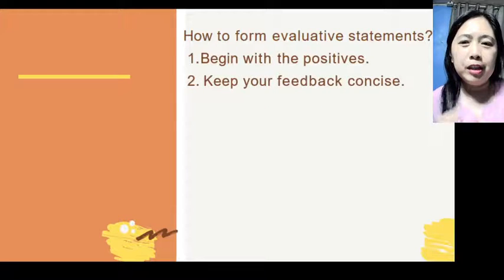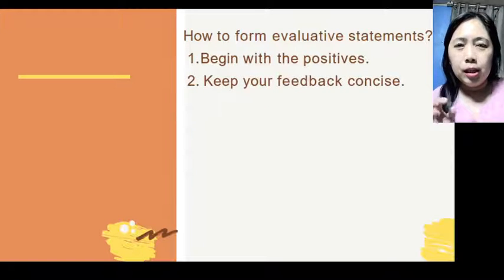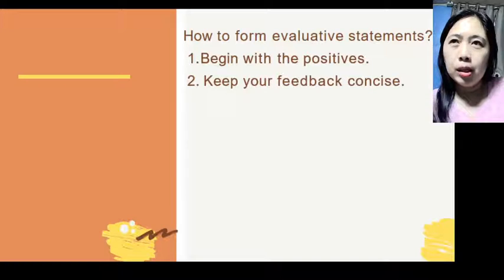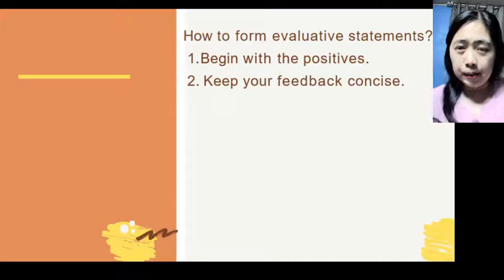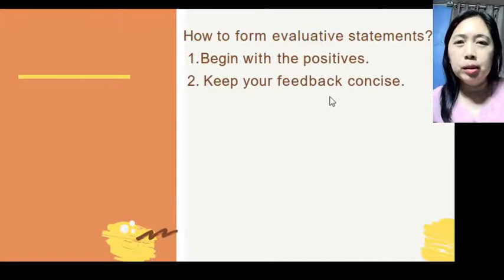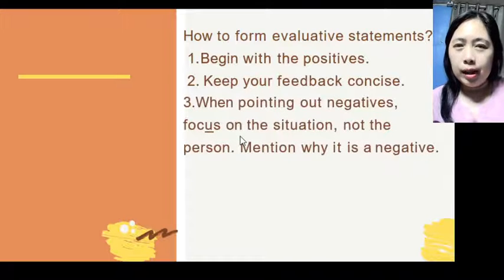Keep your feedback concise. Kung ang imuhang gi-judgean kay about singing contest, you focus sa tingog sa tao, sa singer. So, feedback should be concise. When pointing out negatives, focus on the situation, not the person. Mention why it is a negative.